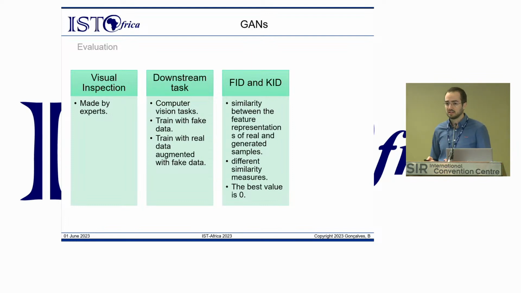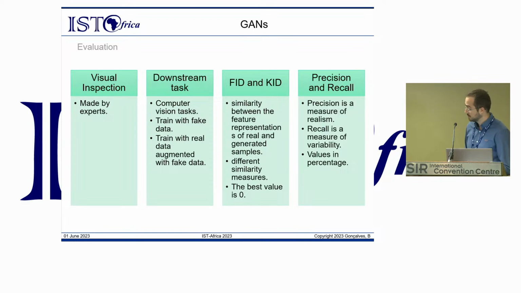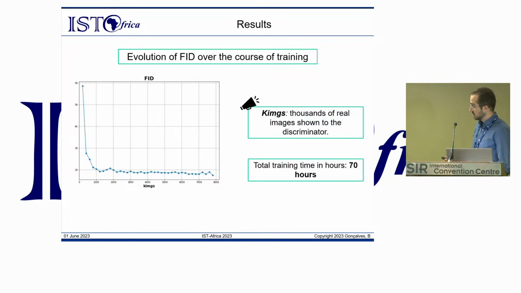For both metrics, the best value is 0. Finally, we have precision and recall. Here, precision is a measure of the realism of our dataset, and recall a measure of the variability. Both values are presented in percentage. So now we can evaluate our results in terms of these metrics.